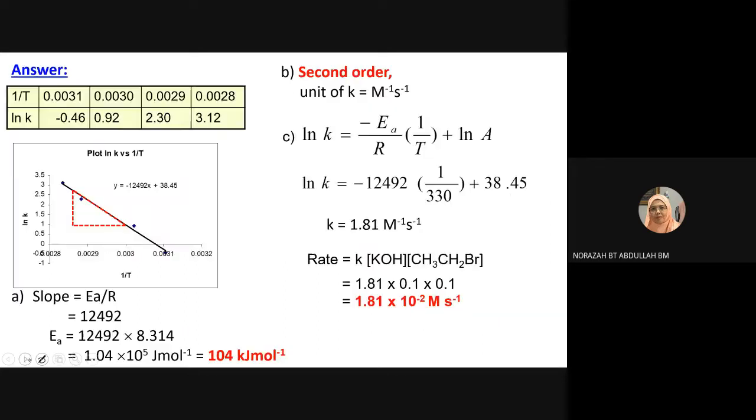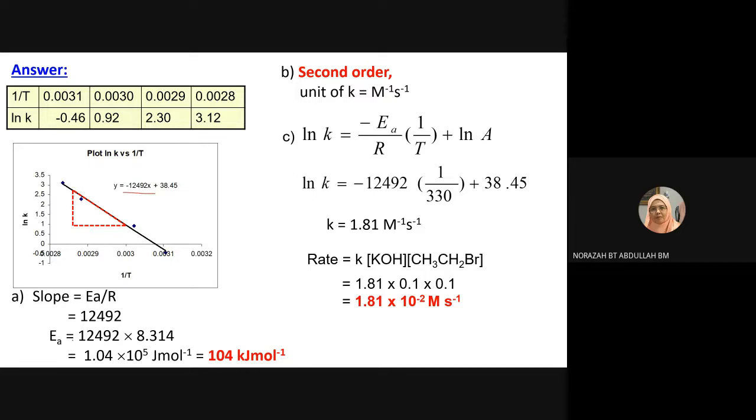Ini saya dah buatkan graf. Ya. So plot ln k versus 1 over T memberikan graf garis lurus dan kecerunannya adalah negatif 12492. Okay.